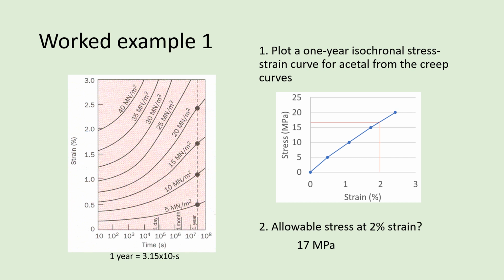If we calculate the percent of stress at 1 year for each of those curves, we can create an isochronal stress strain curve like the one shown on the right. From the stress strain curve, we can determine that the maximum stress that the acetyl can experience at 2% strain is 17 megapascals.